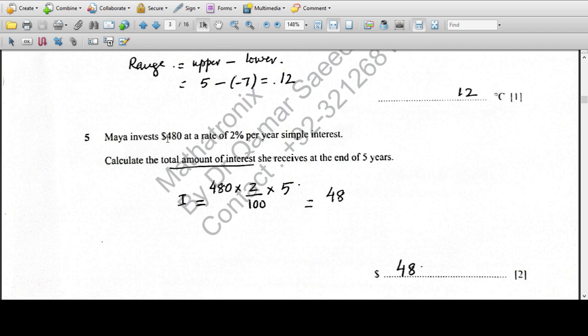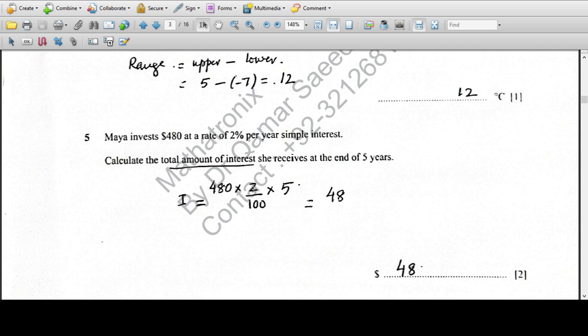Maya invests $480 at a rate of 2% per year simple interest. Calculate the total amount of interest she receives at the end of 5 years. So this is $480 and this rate is 2%. So this is the principal amount and this is rate and this is years.